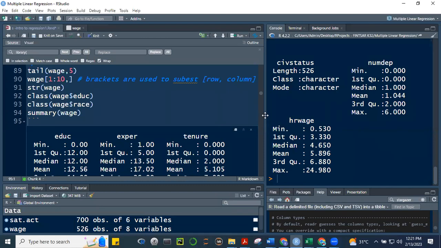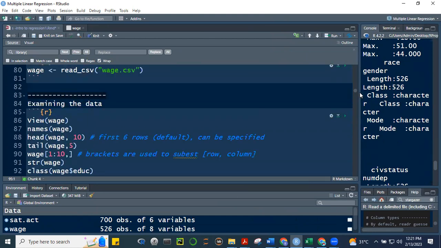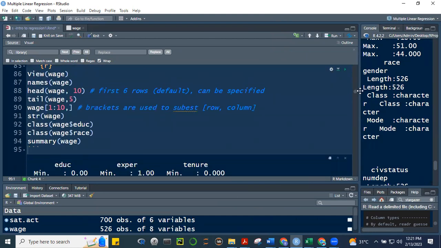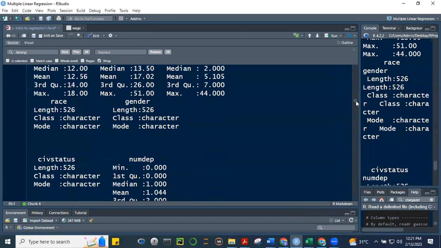Okay, let me pause for a while and allow you to catch up with what I've written here. I'm not going to explain the others like the head, the tail, and even the subsetting 1 to 10 because I know you understand those already. And once you're done with the summary, this one, the structure and the summary, kindly chat please so that we can discuss briefly what the summary will give us.